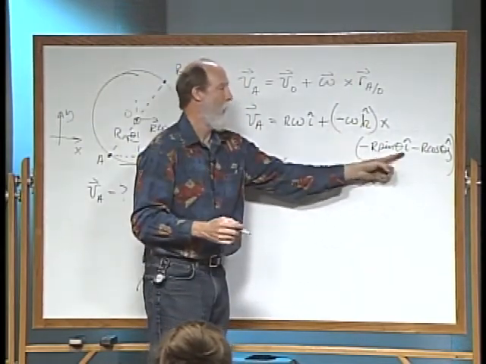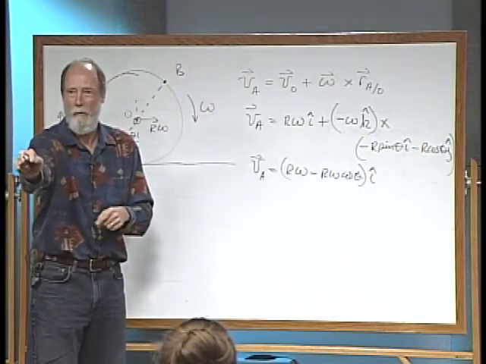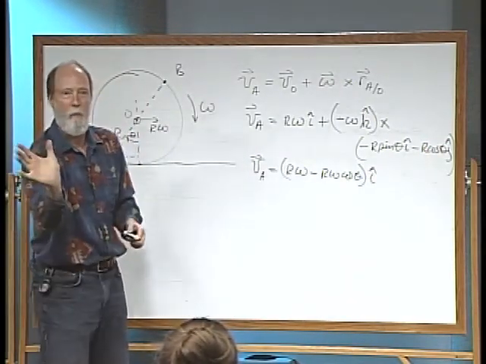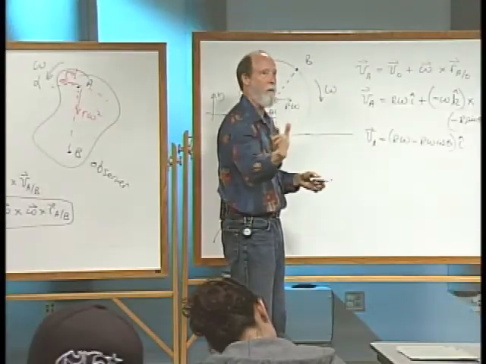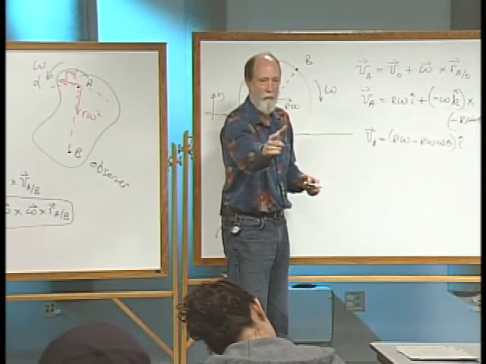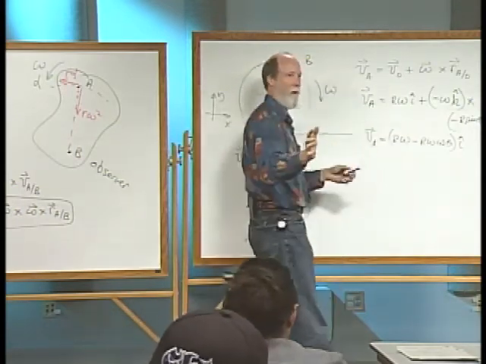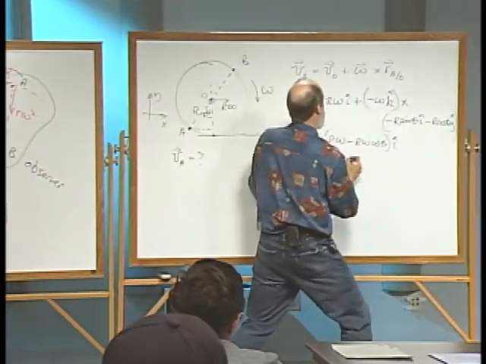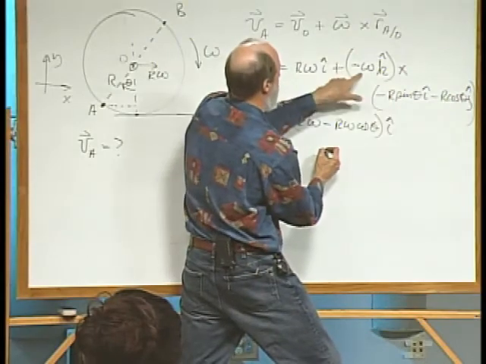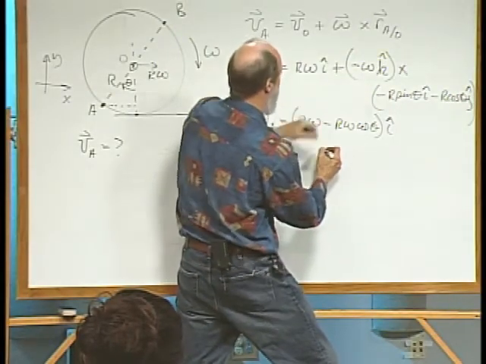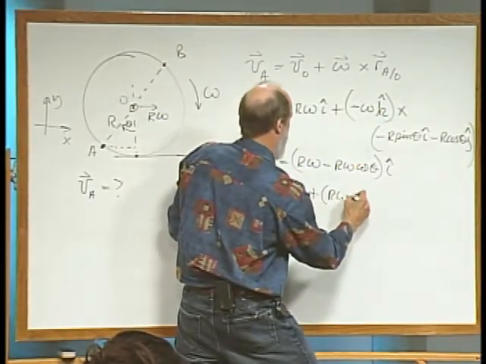And then K cross I is J. K out of the board towards you, crossed with I, is positive J. So our J term is negative, negative, which becomes positive, and we end up with a positive R omega sine theta.